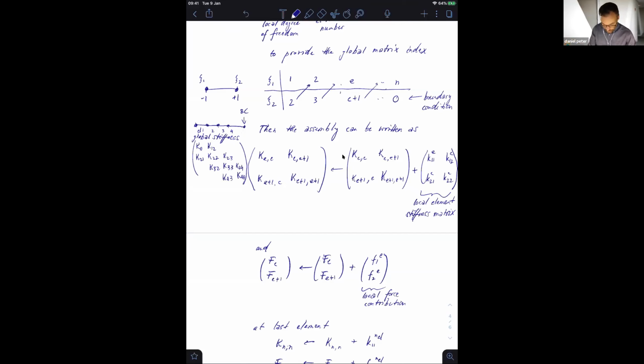And you see we would add now these, in order to compute what these elements are of the global stiffness, we compute the local element stiffness matrix for each element. And then we would have these contributions from the first element.